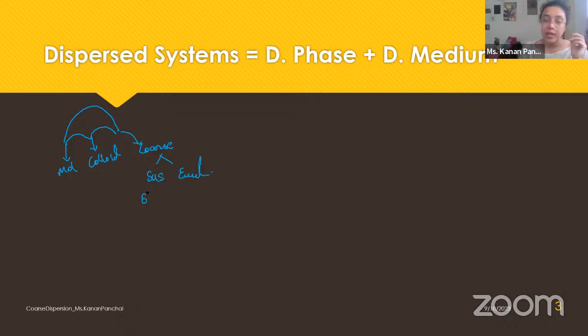So suspension becomes your solid and liquid, emulsion becomes your liquid and liquid. And जो भी novel drug delivery systems होते हैं वो usually colloidal में आते हैं, तुम्हारे nanoparticles and all of that. हाँ, one of the important novel drug delivery systems which are called microspheres, they come under the category of coarse dispersion.